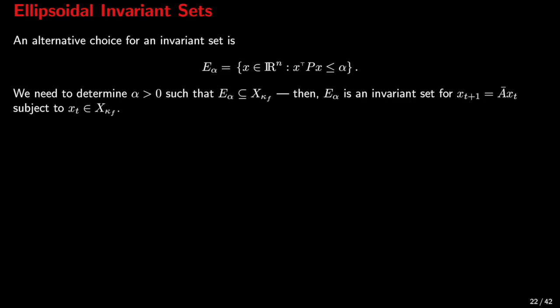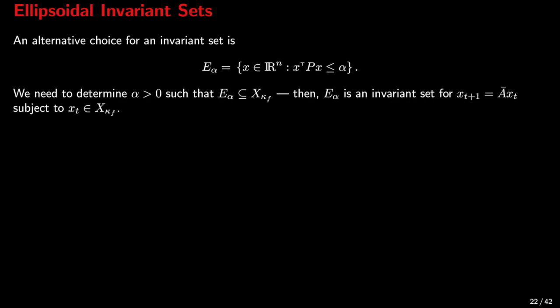So an alternative choice for an invariant set is the collection of sets E_alpha, which is the set of all x in R^n such that x transpose P x is smaller than or equal to alpha. This is nothing but a sub-level set of Vf. Now the task is to determine a positive alpha such that E_alpha is a subset of X_kappa_f.